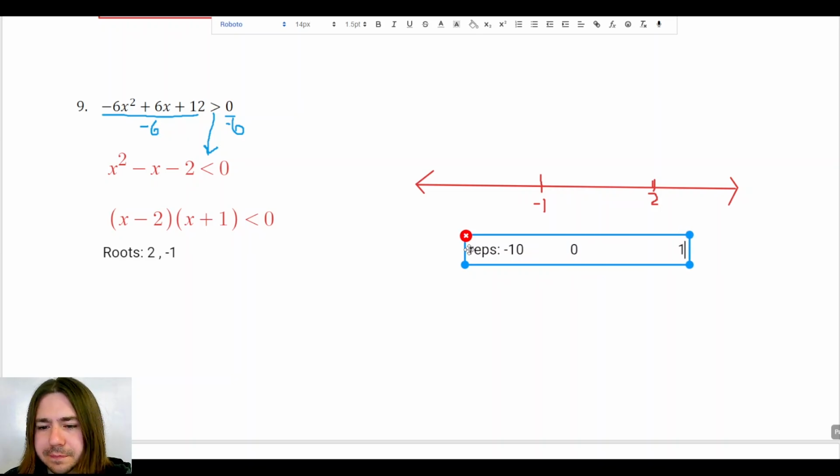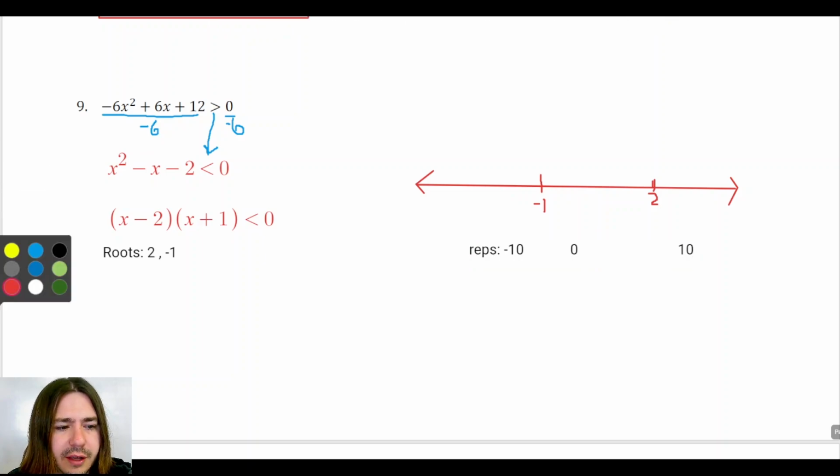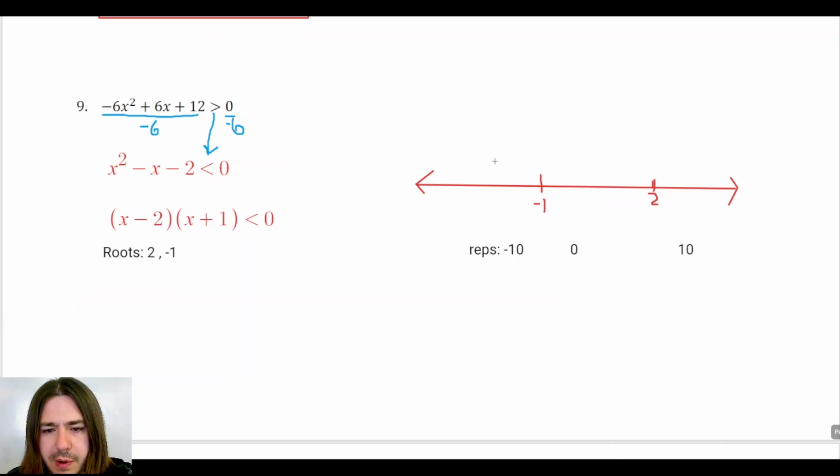How about that? So if I plug in -10, I'm going to get a negative times a negative, which is positive. If I plug in 0, I get a negative times a positive, which is negative. And if I plug in 10, I'm going to get a positive times a positive, which is positive. Again, we have all these single roots, so we're expecting alternating signs. That happens, so that all checks out.